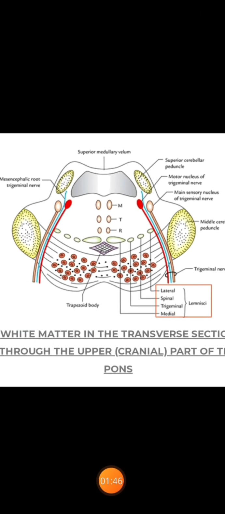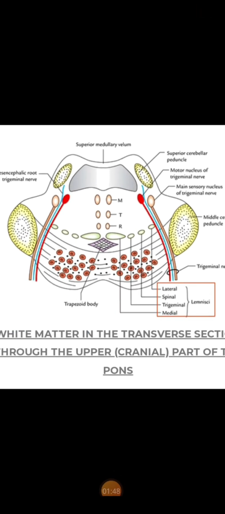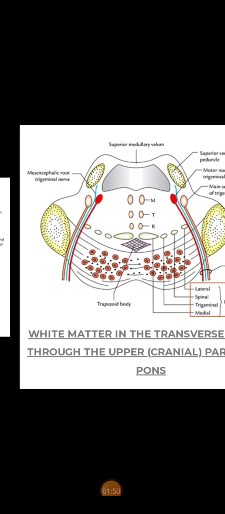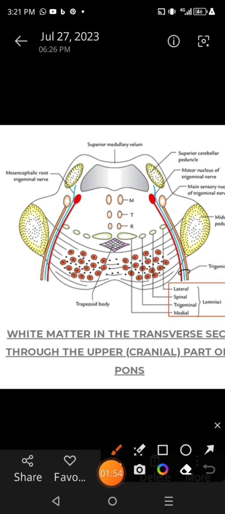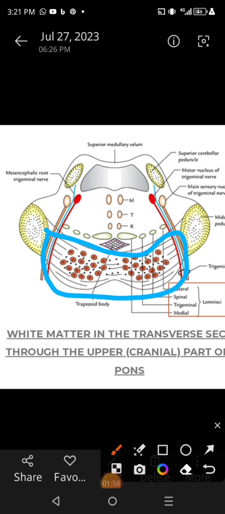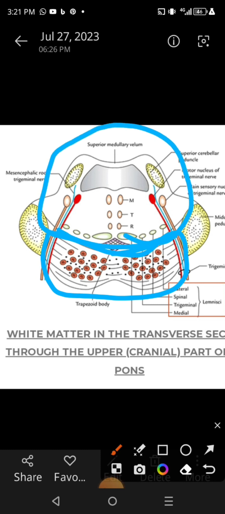Okay, one more important thing about this, let me mark first. As we see, this is the basal part, right? And from the trapezoid body onwards we have this tegmental part, right?